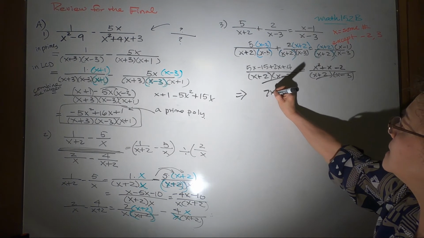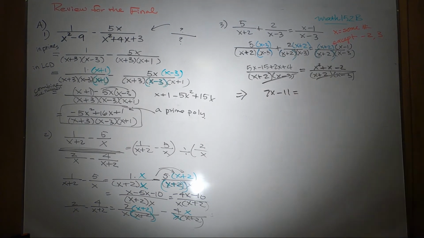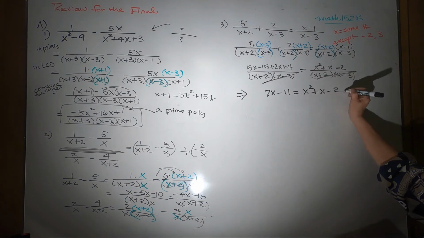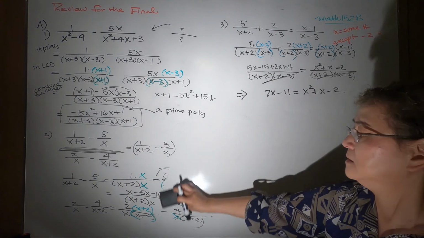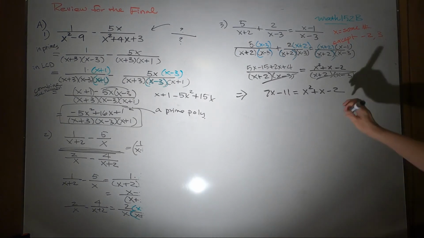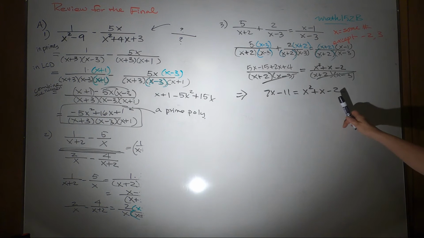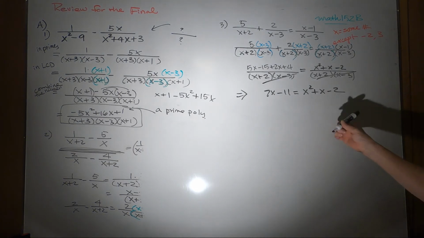We have 7x minus 11, right? And this side is what? x squared plus x minus 2, right? So we change the rational equation into a simple one, which is what? Not a rational, it is a quadratic equation, right?